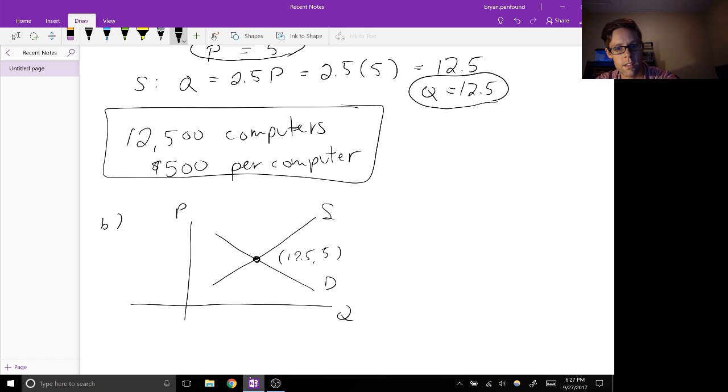This is a P-axis, Q-axis. And this question is asking us to interpret this value up here. What happens if I set my price to $550? Actually, it's going to be 5.5 according to the diagram that I wrote. But the idea here is that the price is going to increase a little bit, and we want to interpret what's happening with our supply and demand curves, with the quantity.